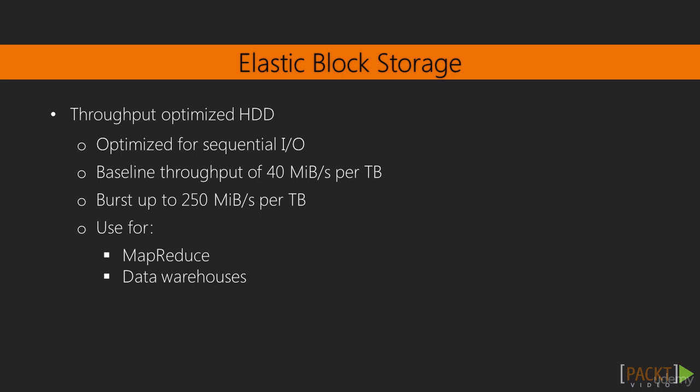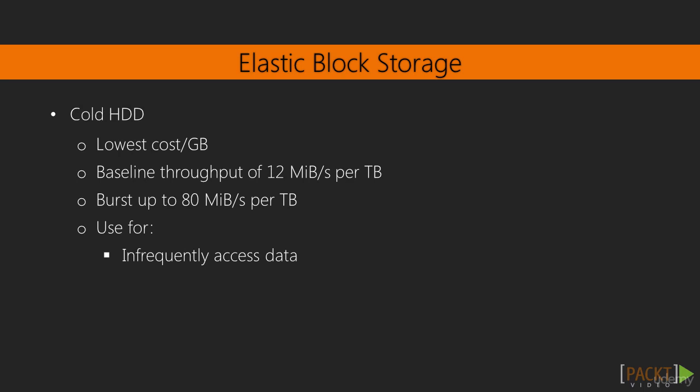These are suitable storage options for big data processing and data warehouses. Finally, the cheapest option is the cold hard disk EBS volumes, which provide a baseline throughput of 12 megabytes per second per terabyte and burst up to 80 megabytes per second per terabyte. These are good when you need large storage volumes for infrequently accessed data at the lowest price.